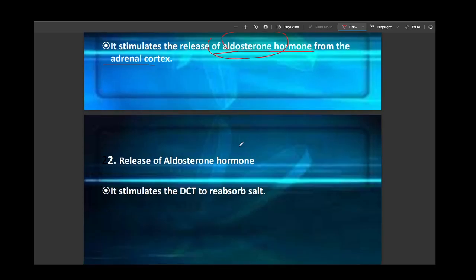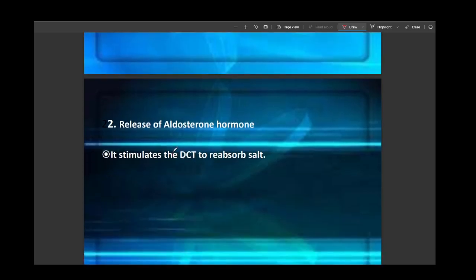Aldosterone stimulates the distal convoluted tubule to reabsorb salt. If NaCl is reabsorbed, water will follow. When H2O follows the salt, there will be retention of water in the body, and it will raise the blood pressure.